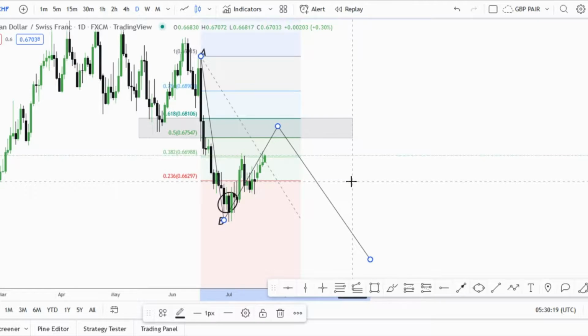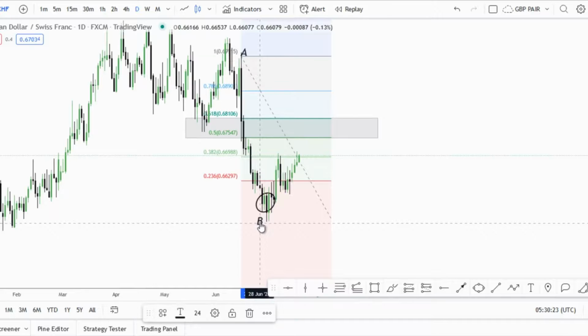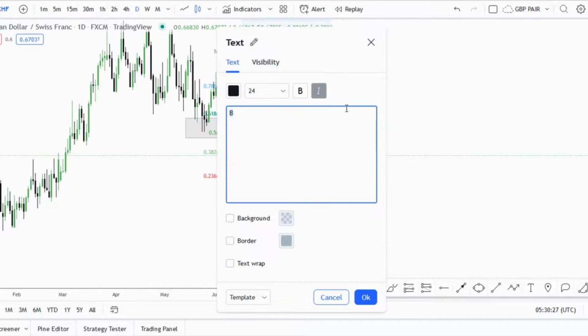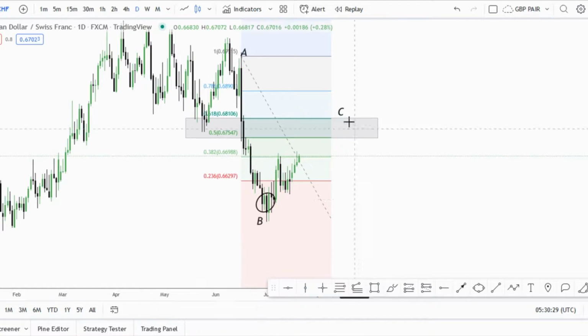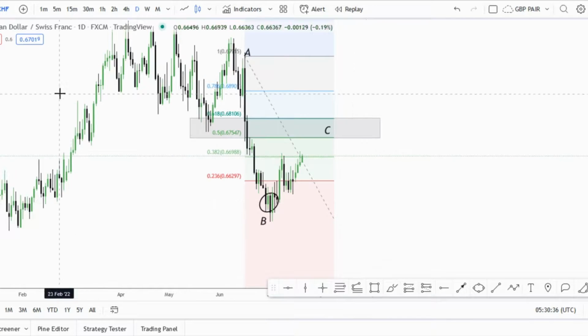So I'm expecting the market to come to point C, somewhere around here, before taking a dive.